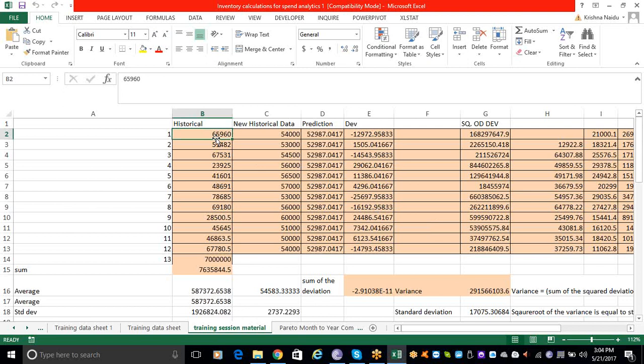Suppose the demand for a particular product in your company comes in the form of a requisition. When the requisition came for the first time, the demand was 20 units. The second time you got a requisition for the same product, the demand was 10 units.